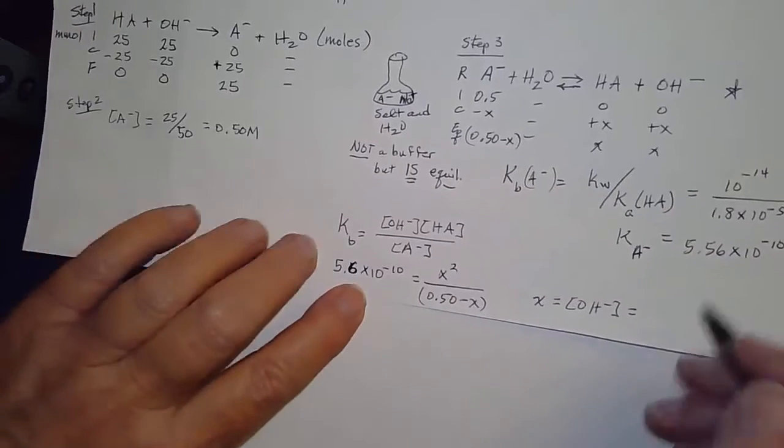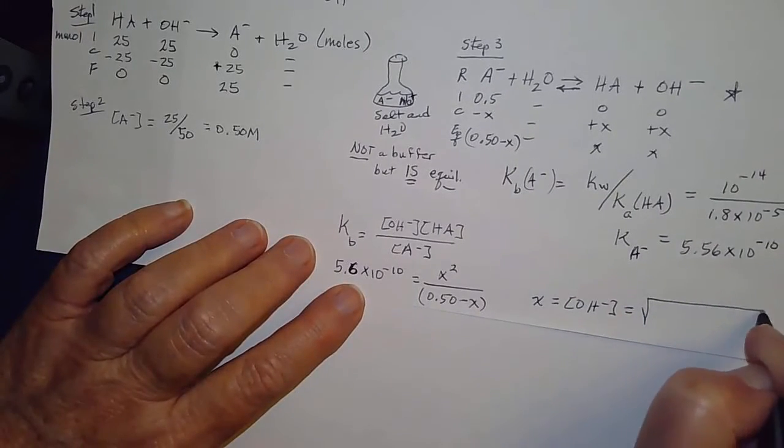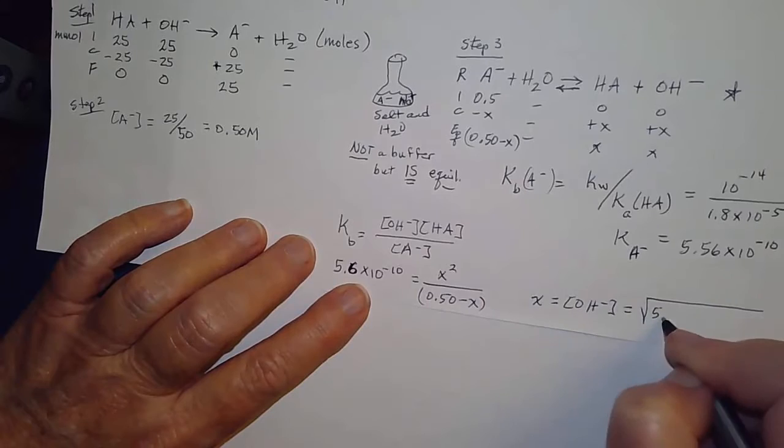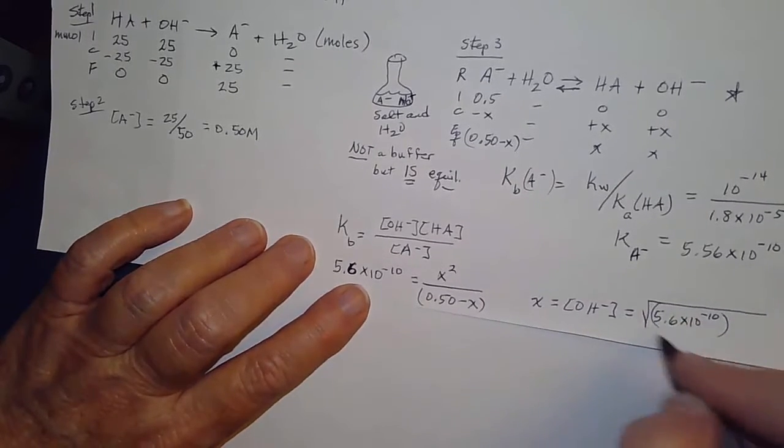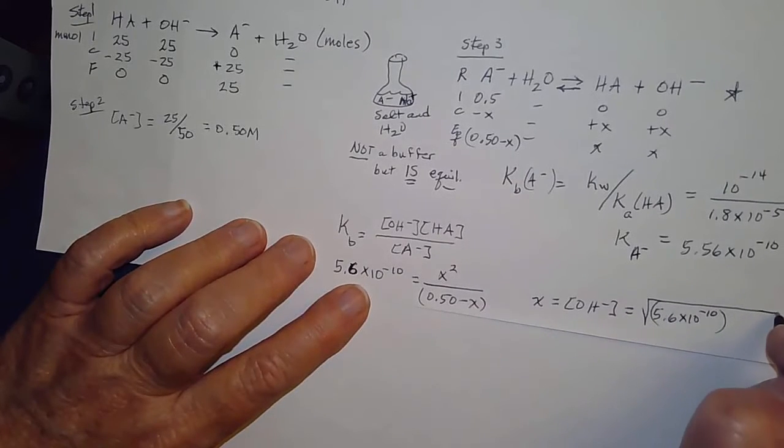So we get x equals, this time, check it, hydroxide. And that's going to be the square root then of the Kb times the initial concentration. That should look familiar to you.